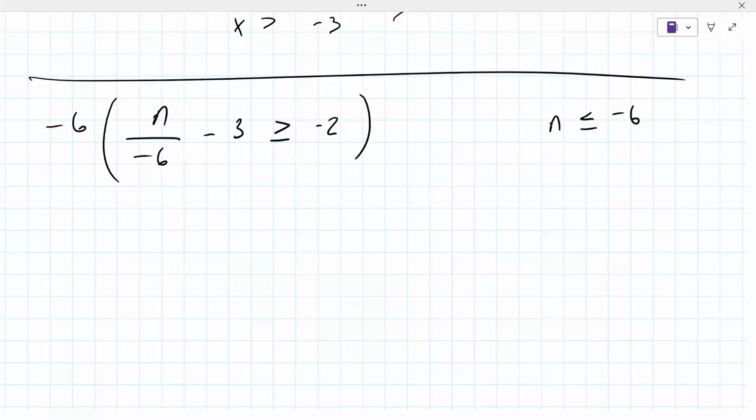Guessing you multiply everything by -6, you get n plus 18 less than or equal to 12. Subtract 18 from both sides. You got n less than or equal to -6.